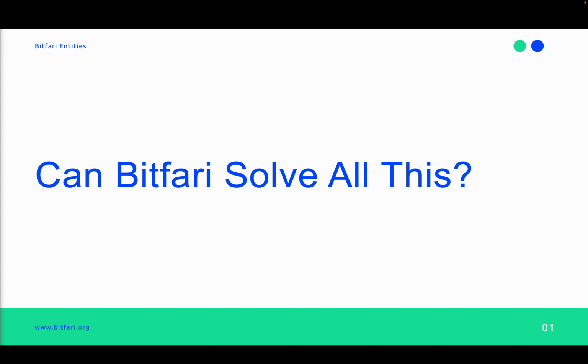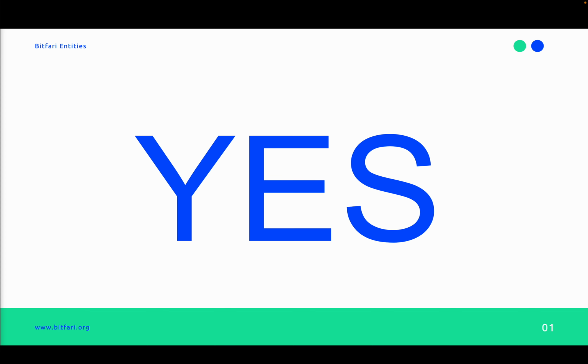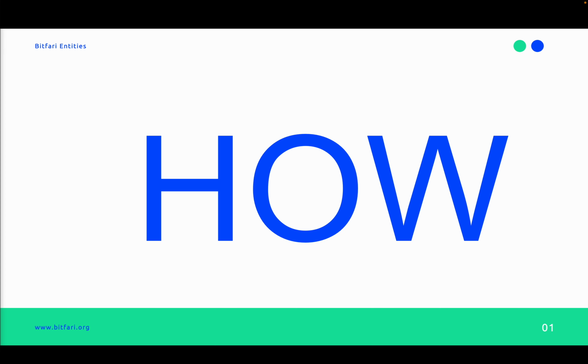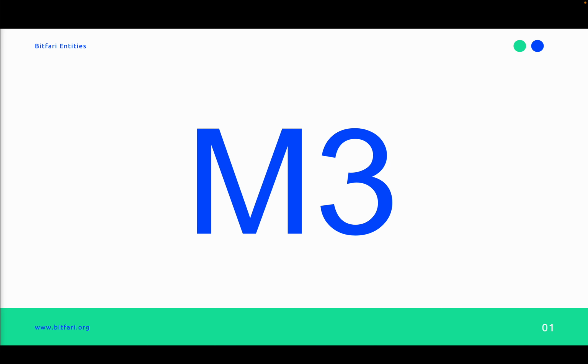And the main question is, can Bitfari solve all of this, and can it do it at scale? The answer is yes. We can solve all of this and we can do it at scale. For that, we have a blockchain called the M3 blockchain. M3, so three M's, three big components.